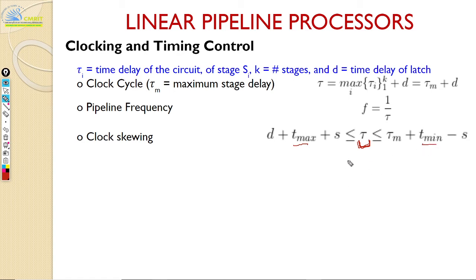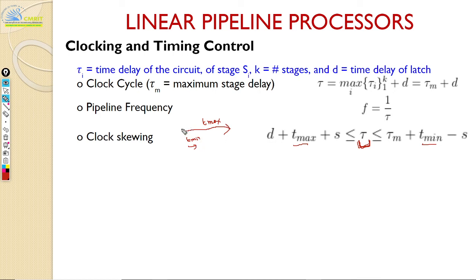You have a lower bound and an upper bound. Now t max is the time for the longest path in your combinational logic. We saw every stage will take its own time. In that, one guy will have the longest path, and that one you call t max, and one guy will have a very short path. This is t min.